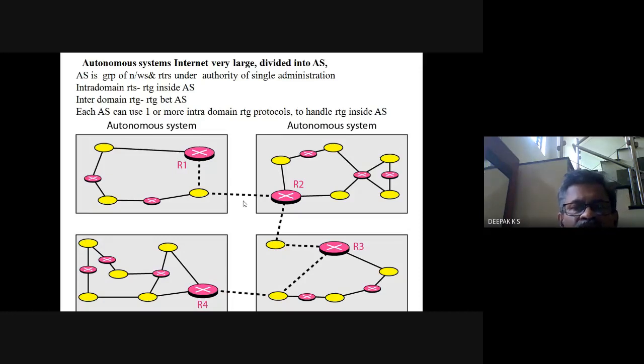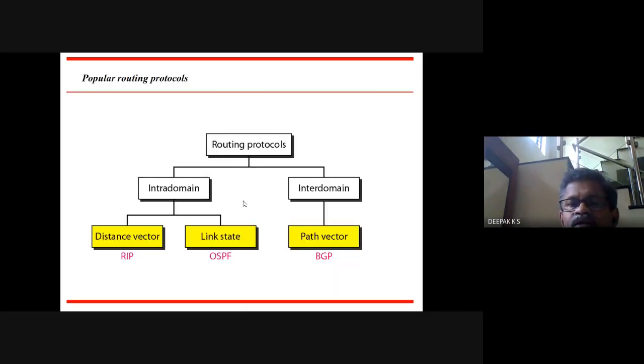So each autonomous system can use one or more intra-domain routing protocols to handle routing inside the autonomous system. And BGP is the inter-domain routing protocol. So this BGP, Border Gateway Protocol, is based on path vector policy.